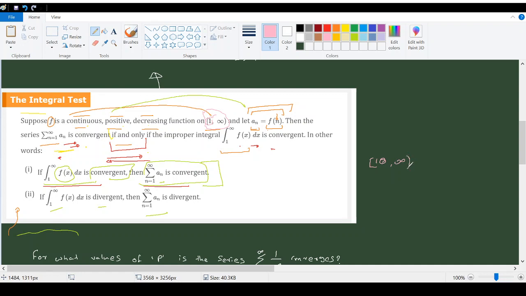But then if the conditions are satisfied, we are dealing with this integral, and so from this integral we should discuss the convergence of the series, right?